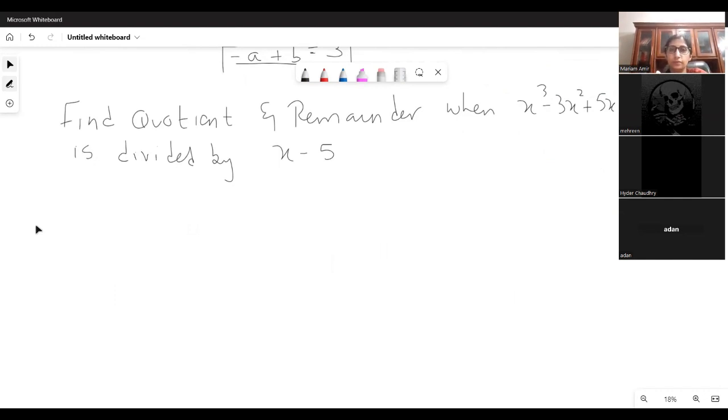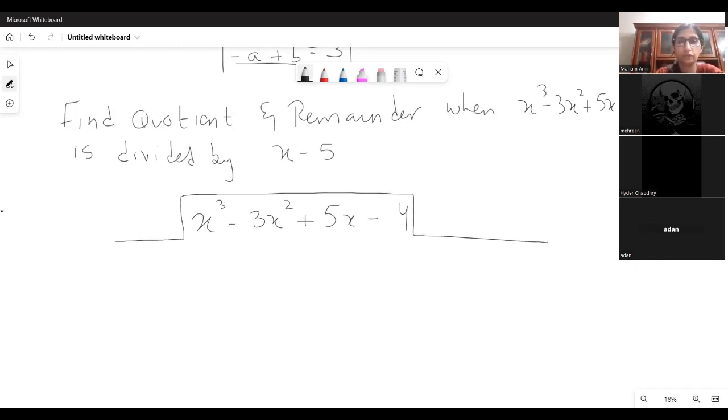How can we do this? Long division, it can be done with long division too. Let's use long division. So the dividend is x cubed minus 3x square plus 5x minus 4. And here we have x minus 5.